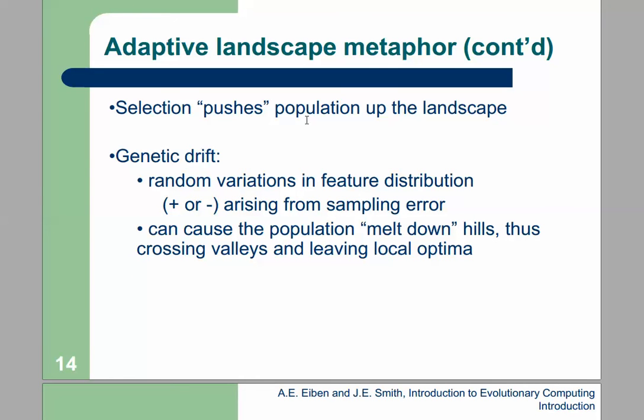Population is the collection of the solution. Each time in the evolutionary algorithm we have a set of solutions, a set of individuals. A set of individuals is referred to as population.